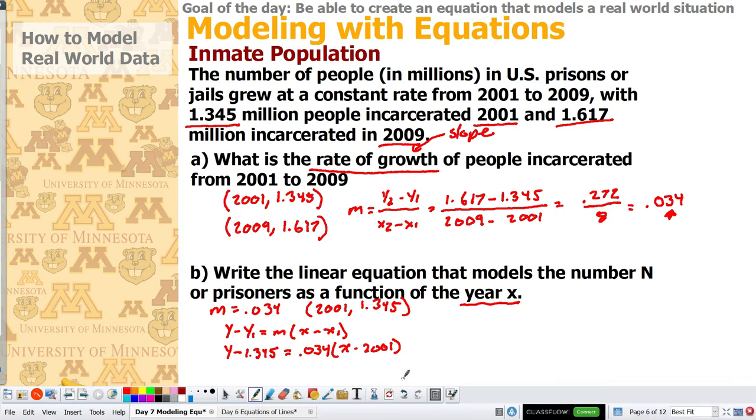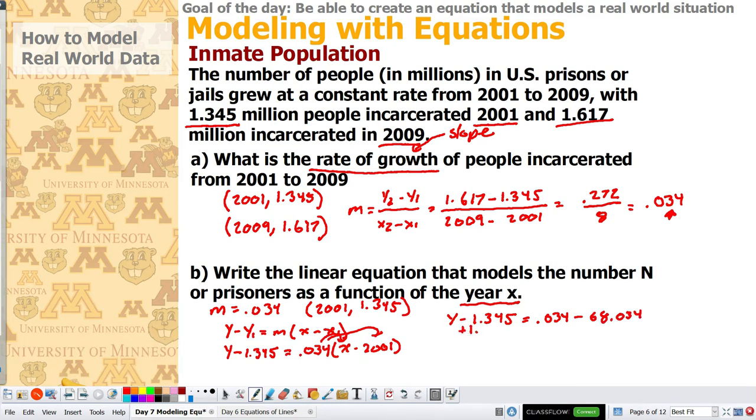All right, now I'm going to simplify this. I'm going to put it in slope-intercept form. So I'm going to distribute that into here, and so I'm going to get y minus 1.345 equals 0.034x minus 68.034.